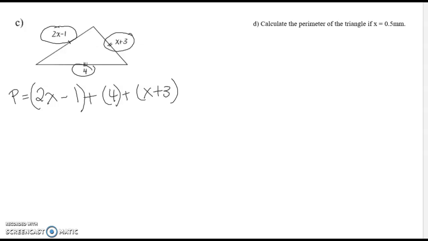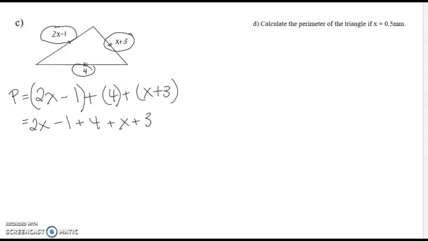Now because there are no numbers in front of these brackets, it's assumed that it's a 1. So we can actually just rewrite this without the brackets: 2x minus 1 plus 4 plus x plus 3.